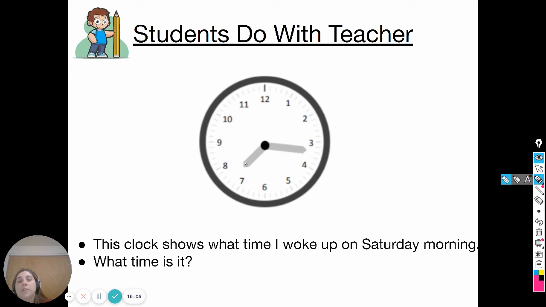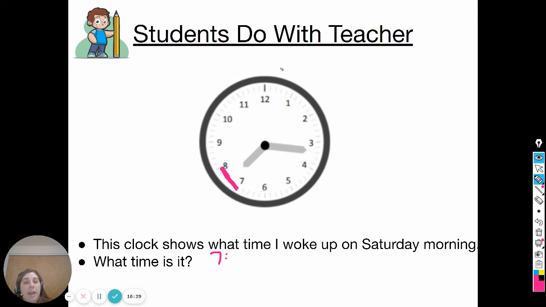Hold it up with your fingers. What is the hour hand pointing to? What number? 7, okay? As long as it's pointing somewhere between the 7 and the 8, it's always going to be 7 o'clock. It stays 7 o'clock until it passes the 8. So it's 7 something.